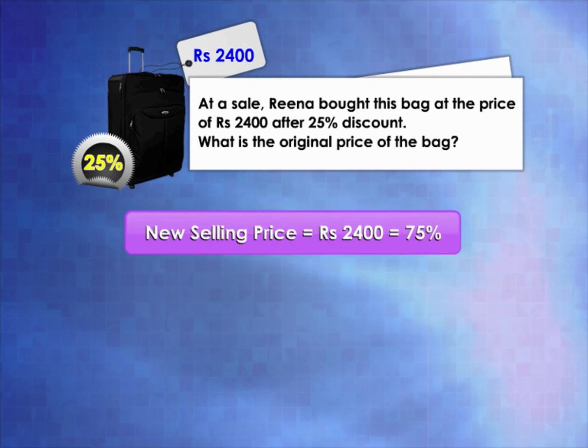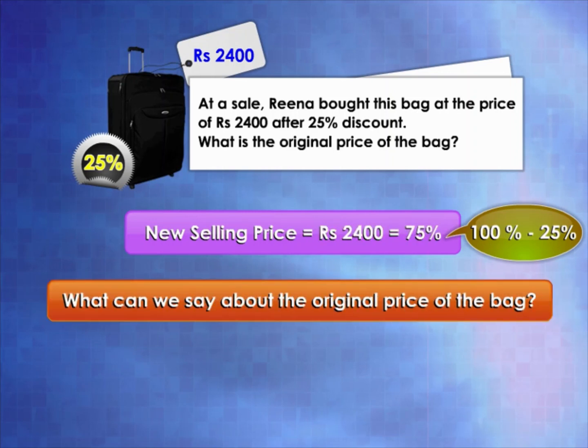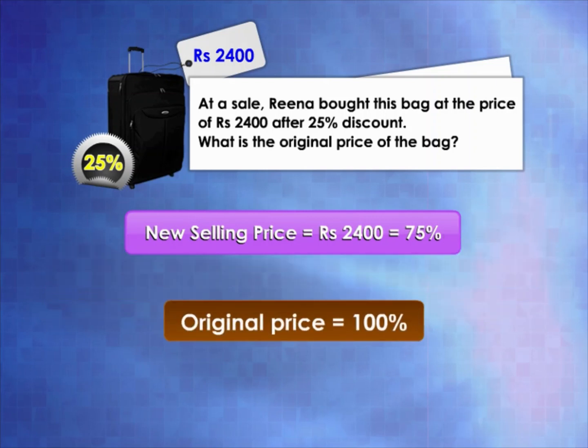So we can say that the new selling price of 2,400 rupees equals 75%. What can we say about the original price of the bag? The original price of the bag is 100%. Using the given information, how can we find the original price?